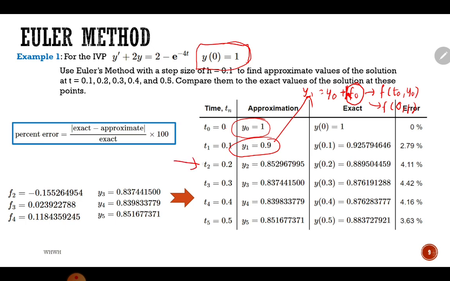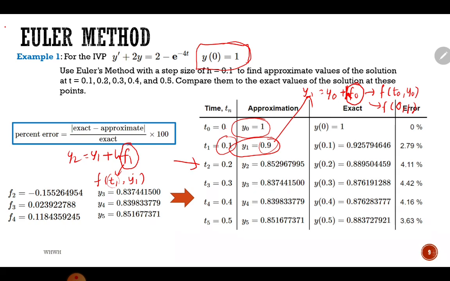Then untuk dapat Y2 ni pula, Y2 ni sama dengan Y1 tambah H F1, where F1 ni adalah F at (T1, Y1). T1 ni apa value for this case? T1 ni adalah 0.1, and Y1 ni adalah 0.9. Masukkan, so you may proceed.